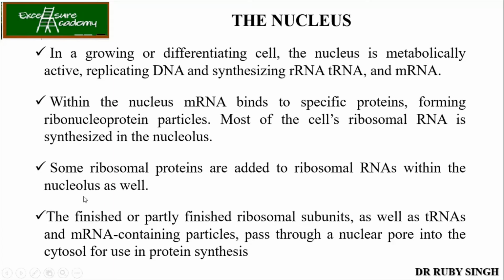What is the function of the nucleolus? It is responsible for the synthesis of rRNA. Now, the finished or partly finished ribosomal subunits as well as tRNA and mRNA pass through the nuclear pore into the cytosol for use in protein synthesis. So it's not only your mRNA but also your ribosomal RNAs and tRNAs which are then transported to the cytoplasm from the nucleoplasm.